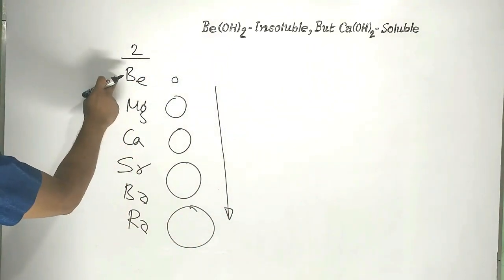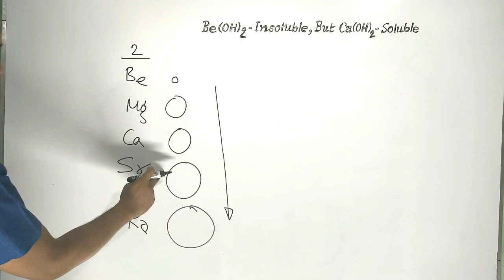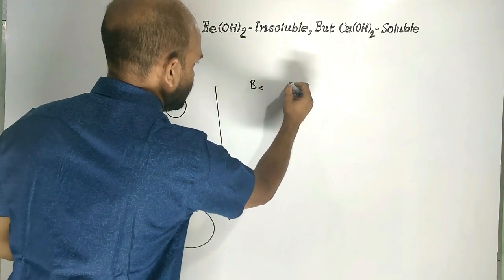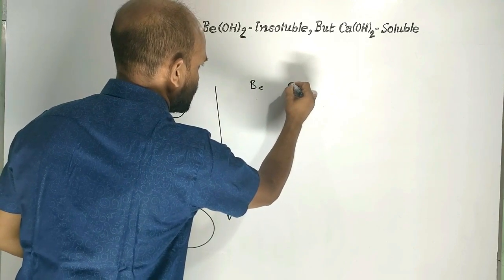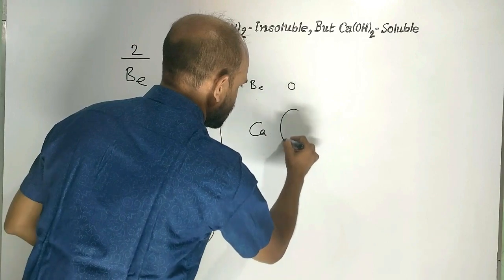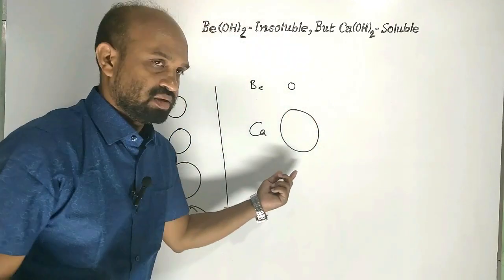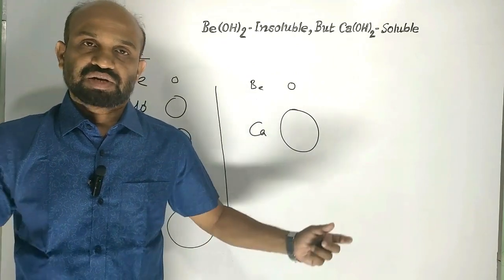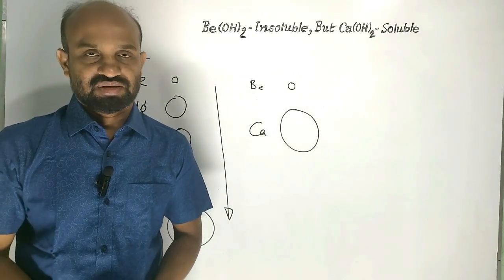From top to bottom, atomic size increases. So we can say that beryllium is smaller in size, but calcium is bigger in size.